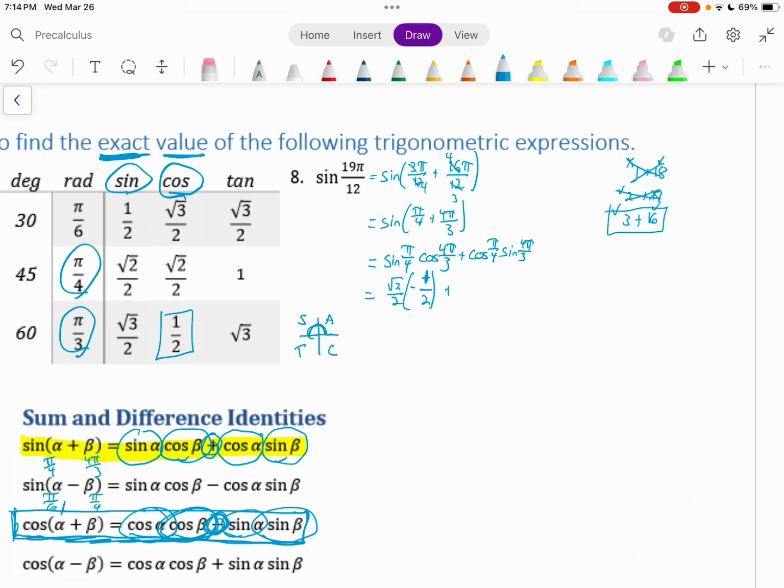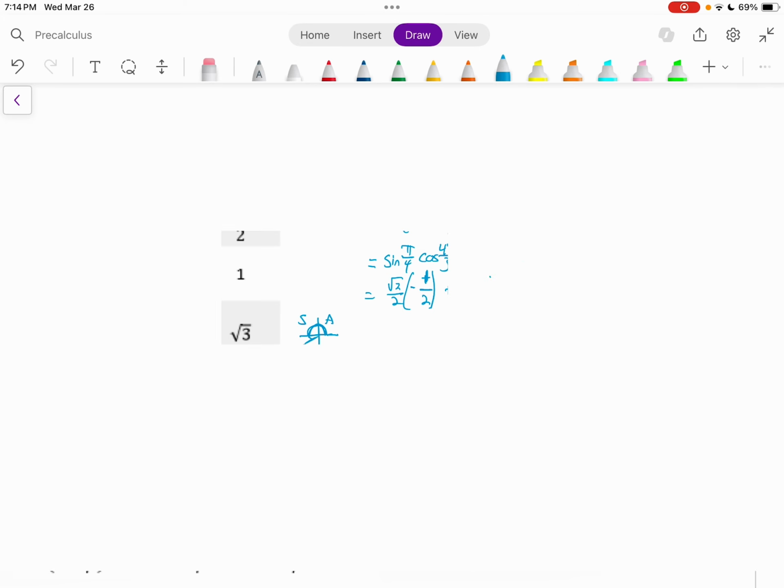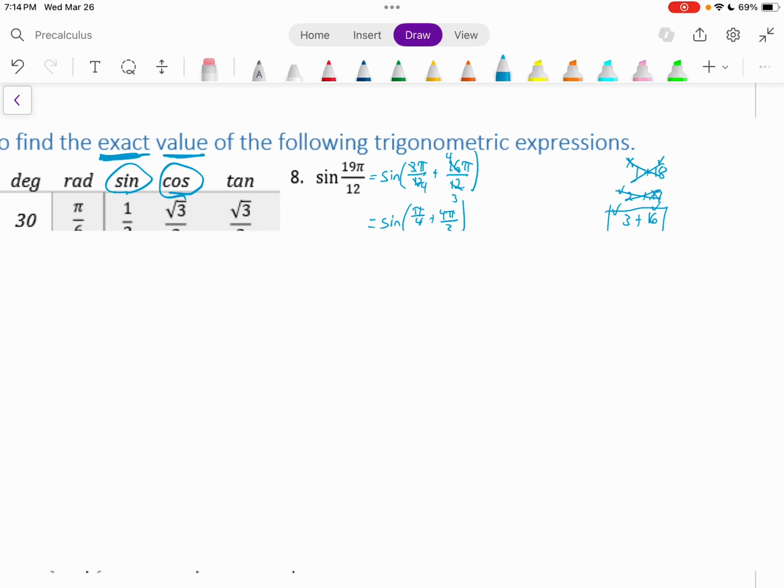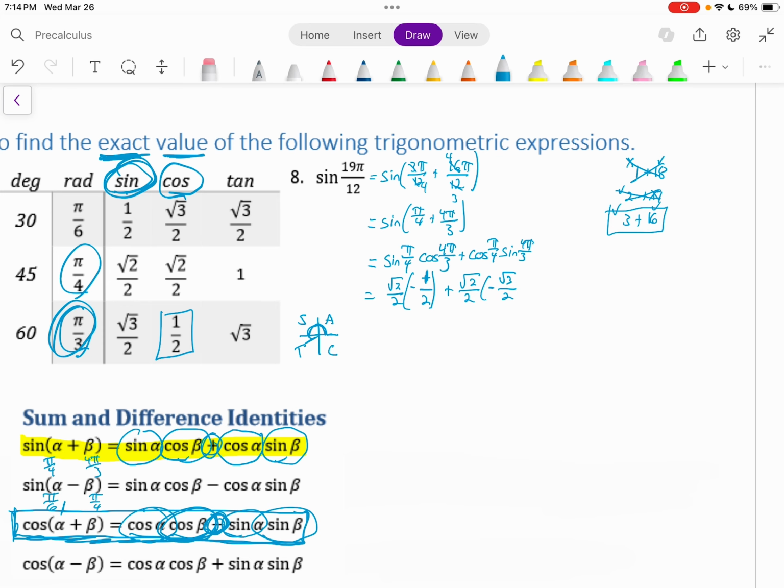And we got plus cosine of pi over 4. That is root 2 over 2. And then sine of 4 pi over 3, all still in the third quadrant, and sine is negative in the third quadrant. So we have negative root 3 over 2, because again, we're using sine of pi over 3, which is root 3 over 2, but we know it's negative because it's in the third quadrant.